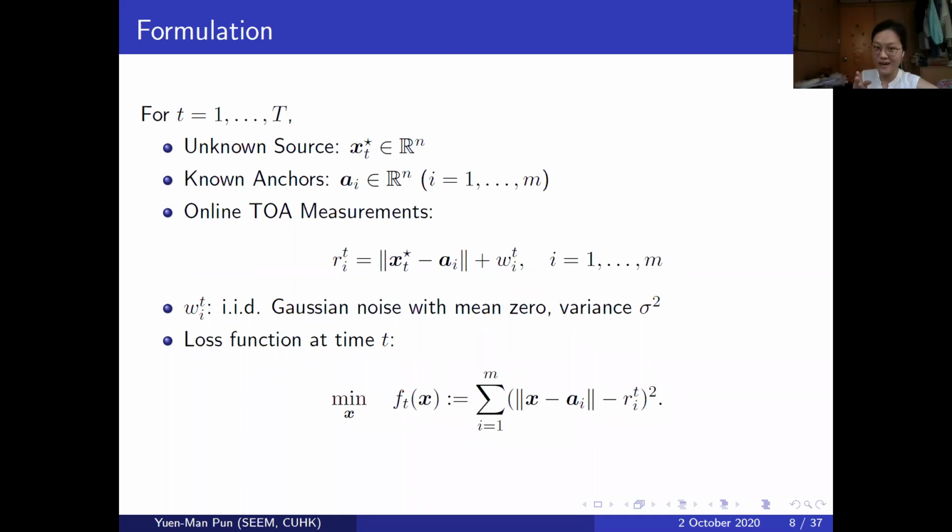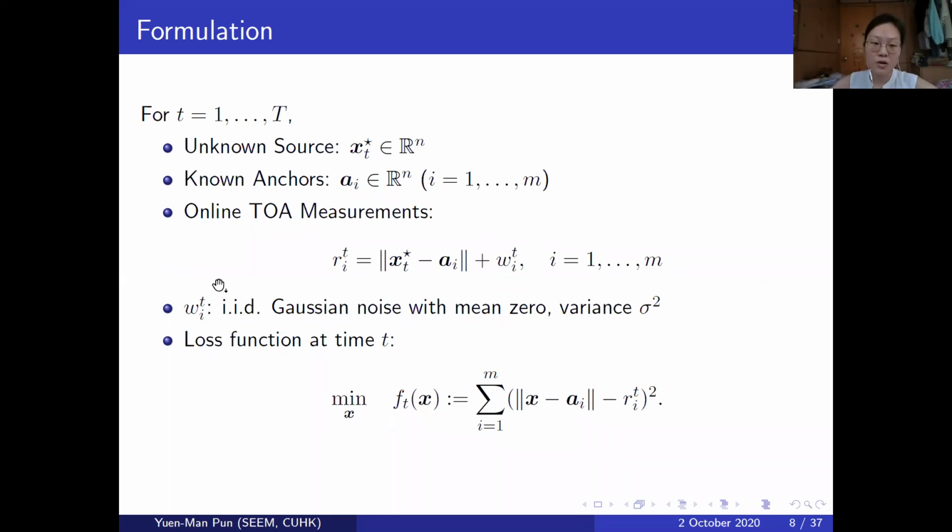We can only have the information of r_i,t minus 1. And this noise is IID, that is, independent, identically distributed Gaussian noise with mean 0 and variance sigma squared. The Gaussian noise at each time t is independent of each other.